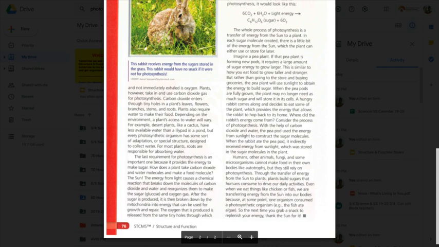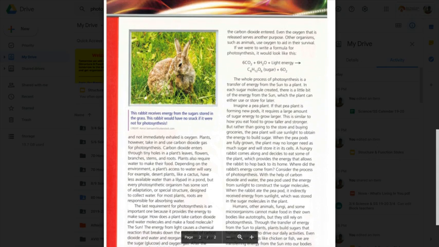After the sugar is produced, it is broken down by the mitochondria into energy that can be used for growth and repair. The oxygen that is produced is released from the same tiny holes from which the carbon dioxide entered. Even the oxygen that is released serves another purpose. Other organisms, such as animals, use oxygen to aid in their survival.